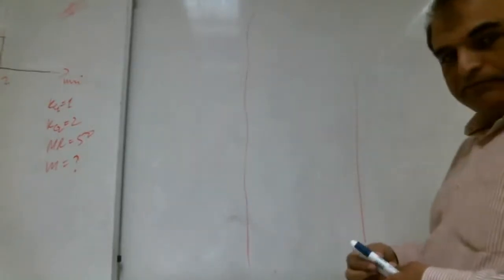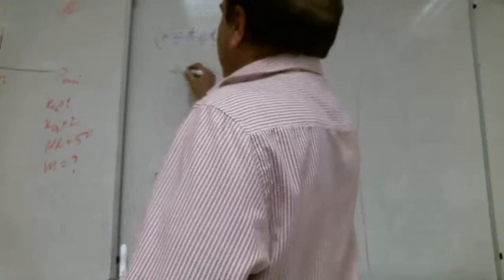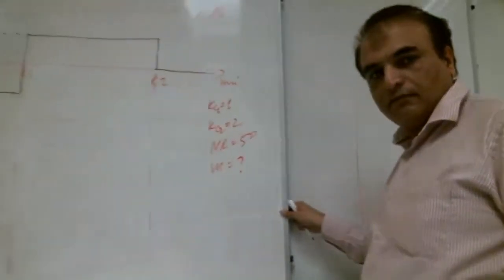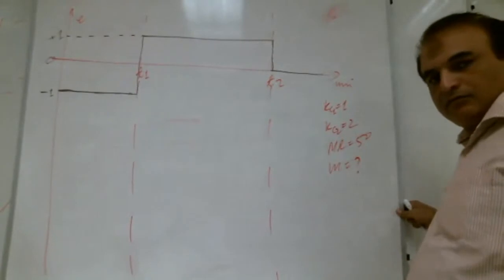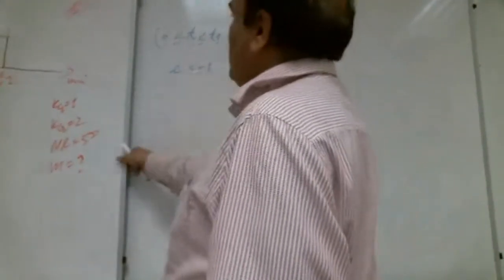So the first part is what, Shabab? T is less than or equal to T1 and greater than or equal to 0. How much is the error? -1.